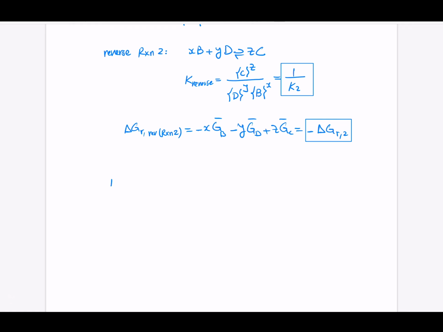Since reaction 4 is a combination of the individual reactions, not necessarily 1, 2, and 3, but the other forms that we talked about, then K4 would be the product of the individual K, and delta G would be just the combination of delta G. This was from problem 2.